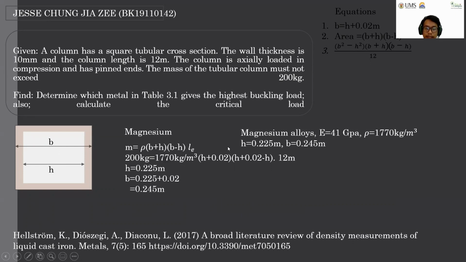Next, we obtain the magnesium lengths using the same equation. We find that the outer length of the magnesium tubular column is 0.245 meter, and the inner length is 0.225 meter.